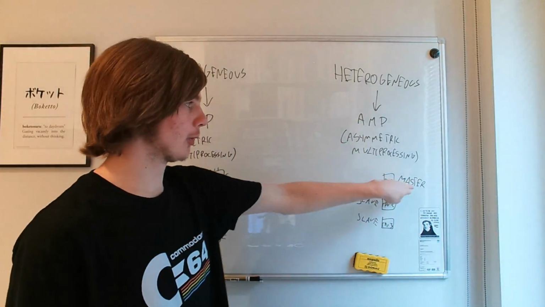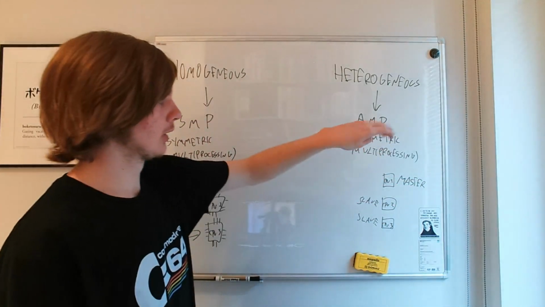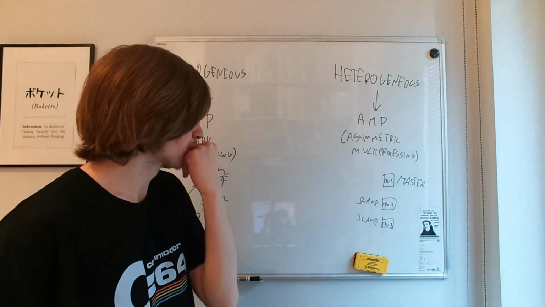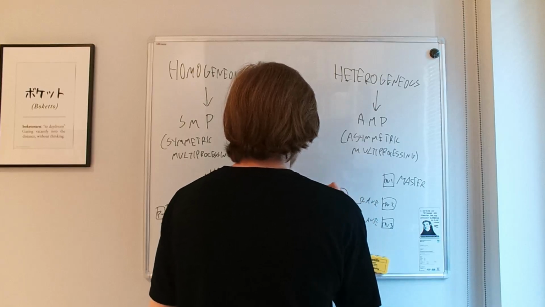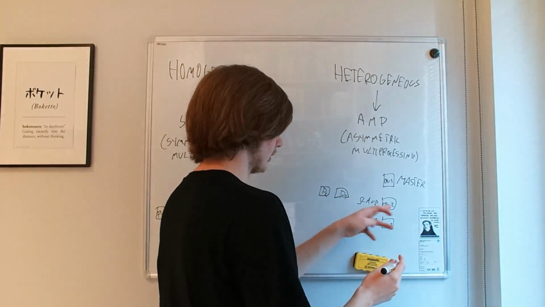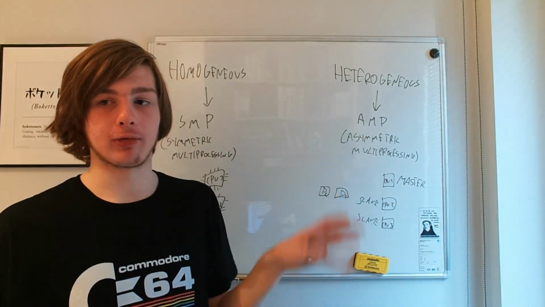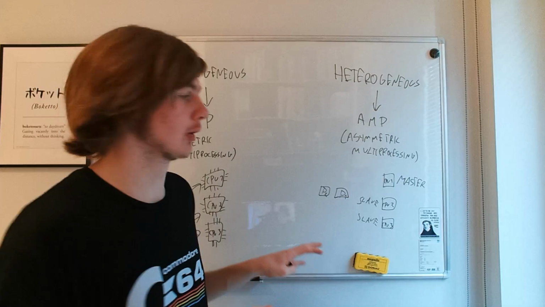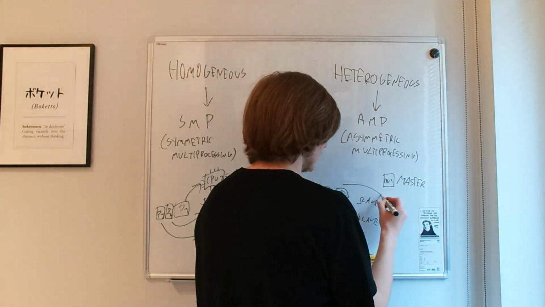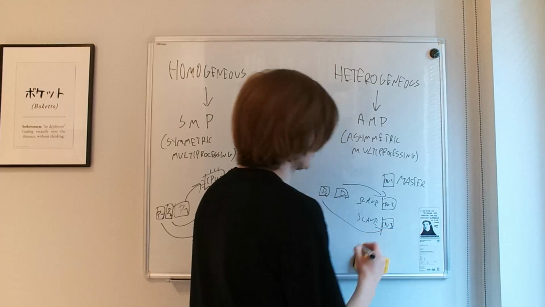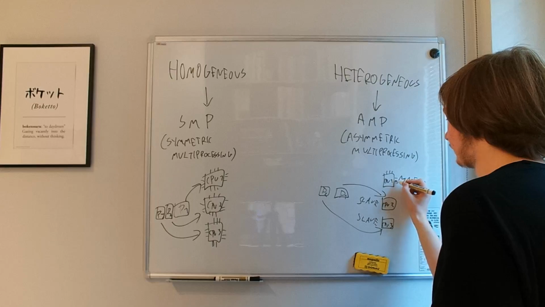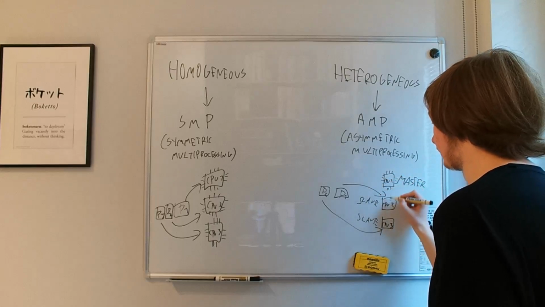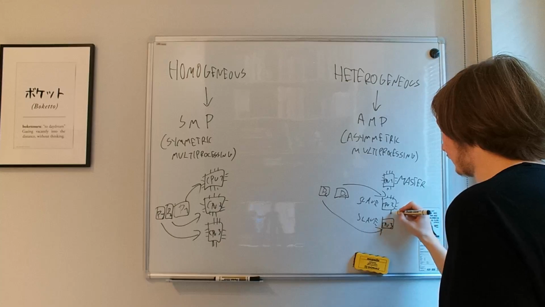So you have this master-slave hierarchy in asymmetric multiprocessing, and the master would have a scheduler, and it would have the function of synchronizing and managing everything. It would, for example, say, hey, you get this process and you get this process. So this is what asymmetric multiprocessing is all about.